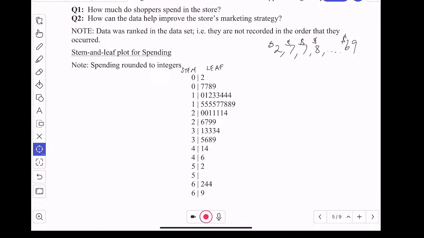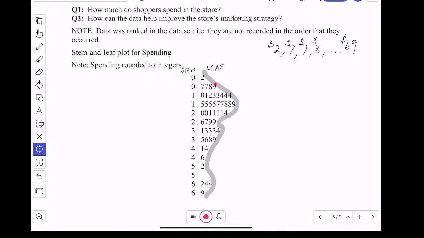So what we do now that we have displayed the data is we need to summarize it. And we begin summarizing by smoothing out this curve here. Now I could say that I think that if I had more data, I believe there will still appear three groups of shoppers.